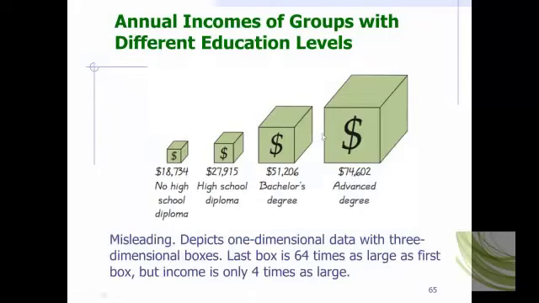And here we have the same data and we use boxes. Oh my gosh. Not only are we changing the width, we're changing the height and the depth. And so even though the last box shows an income 4 times the smallest box, this comes out to be 4 times 4 times 4.